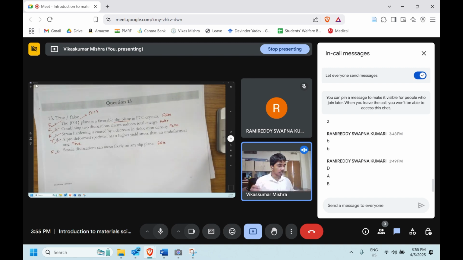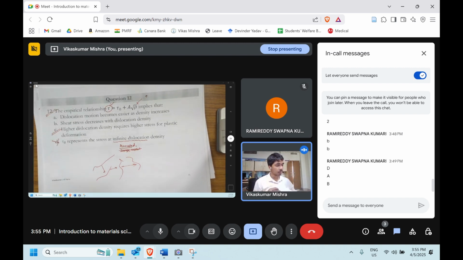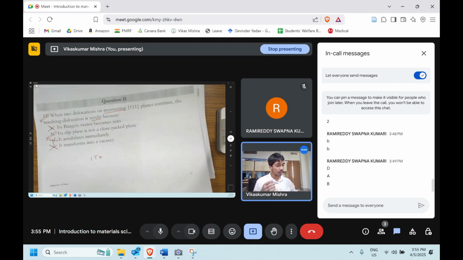Similarly, the slip plane and all those things we have discussed over here. How the strain hardening is going to affect the dislocation density and yield strength. This is how the dislocation density is going to affect the yield strength of the material. In the relation way we have brought in the equation. Here we can say what a close-packed plane is, and whether a dislocation is sessile or glissile in nature.